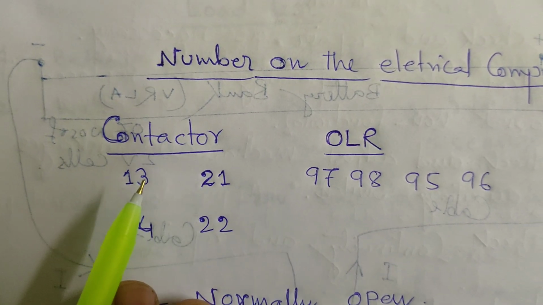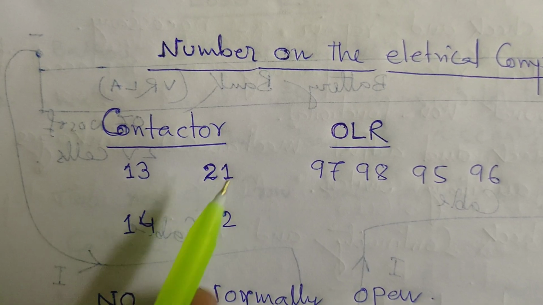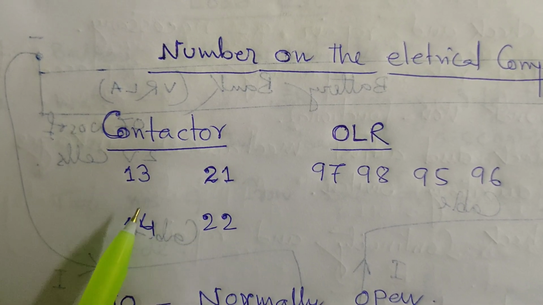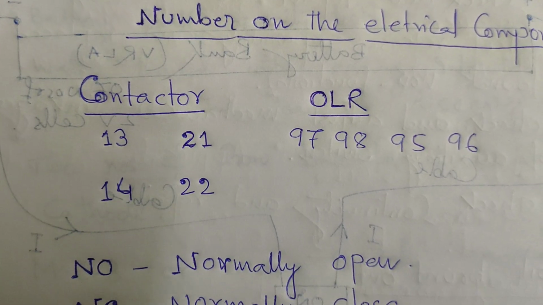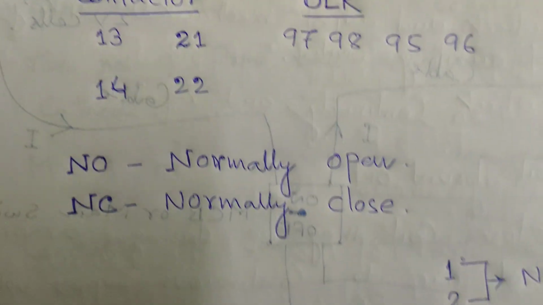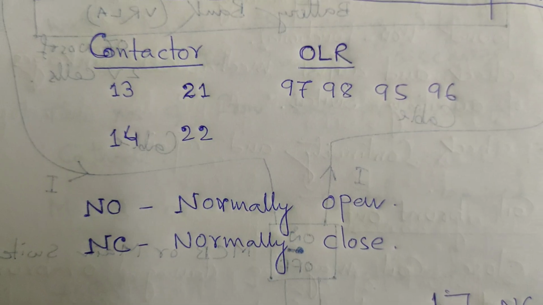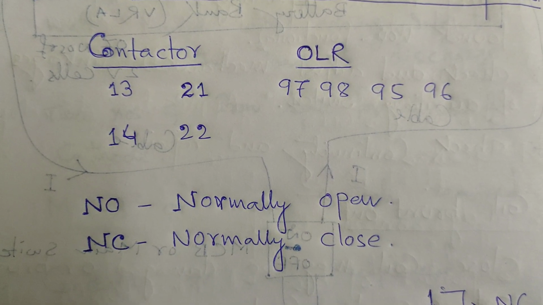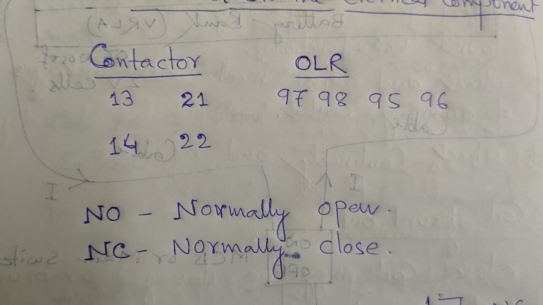What is the meaning of these numbers? 13, 14, 21, 22: all of these contactor functions are NO and NC. NO means normally open and NC means normally closed. The circuit is normally closed, and the circuit is normally open.